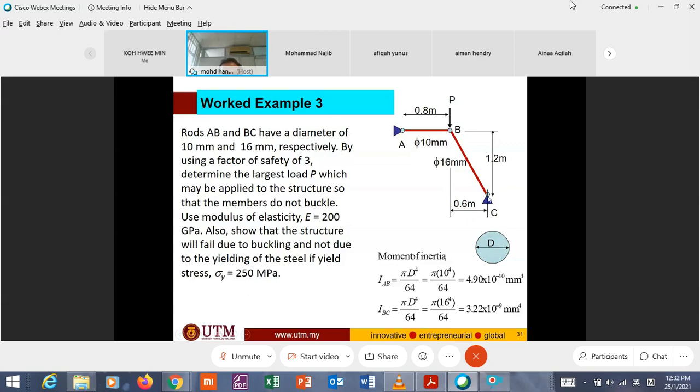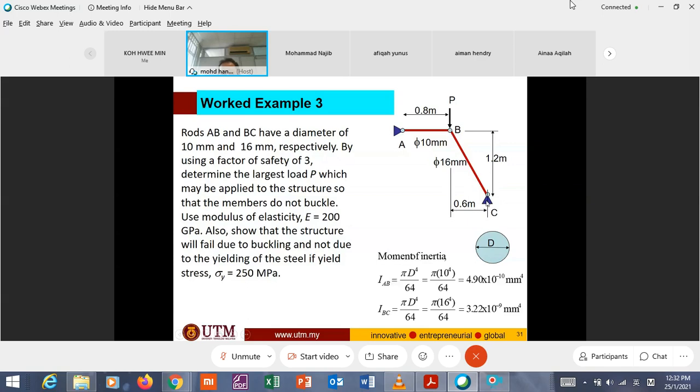This is a pin. This is a pin. Therefore, you have 2 reactions here, 2 reactions here. Since we have 4 reactions, it will make this structure stable. If you replace this one with a roller, where you have only one, then this structure will collapse, because this one is a hinge, or pin.